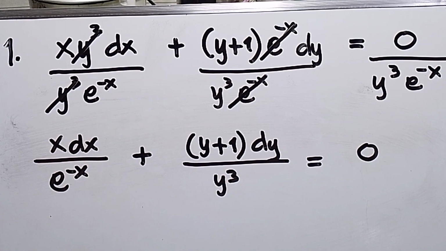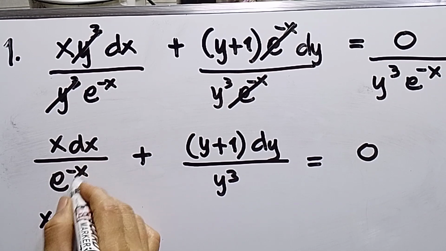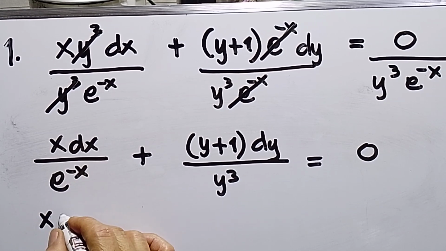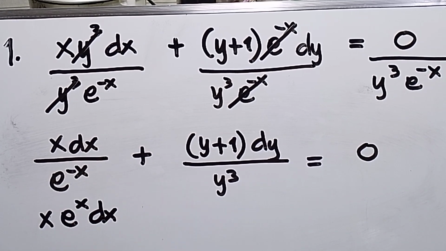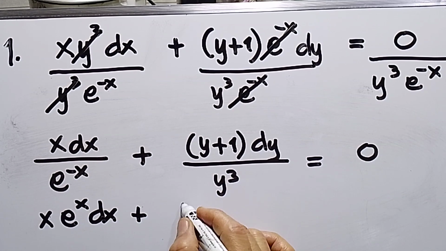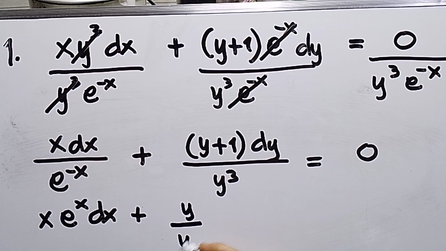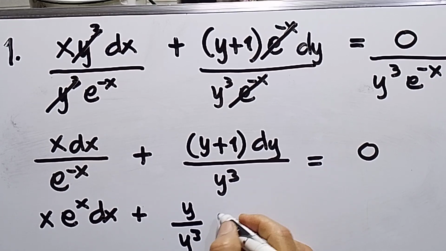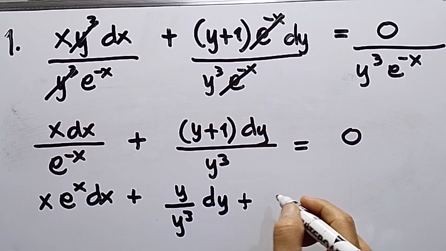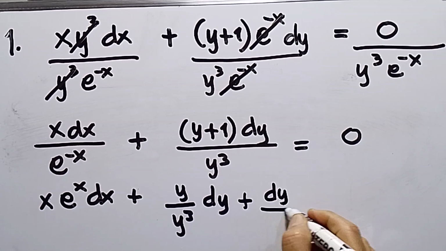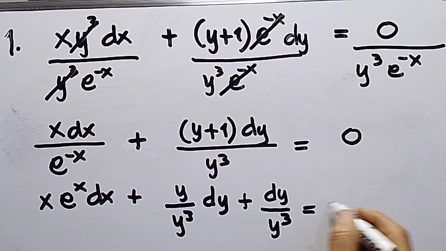Applying algebra, by the laws of negative exponent, this will be e to the positive x dx plus y over y cubed dy, then plus dy over y cubed is equal to 0.